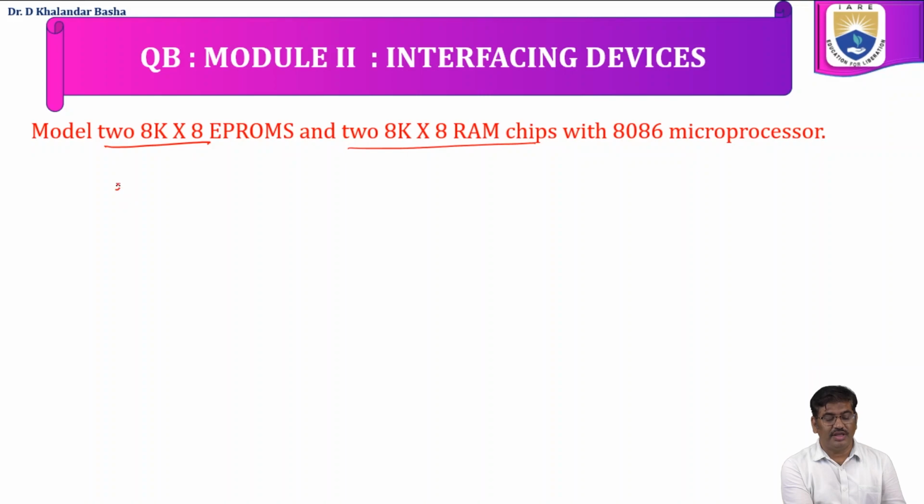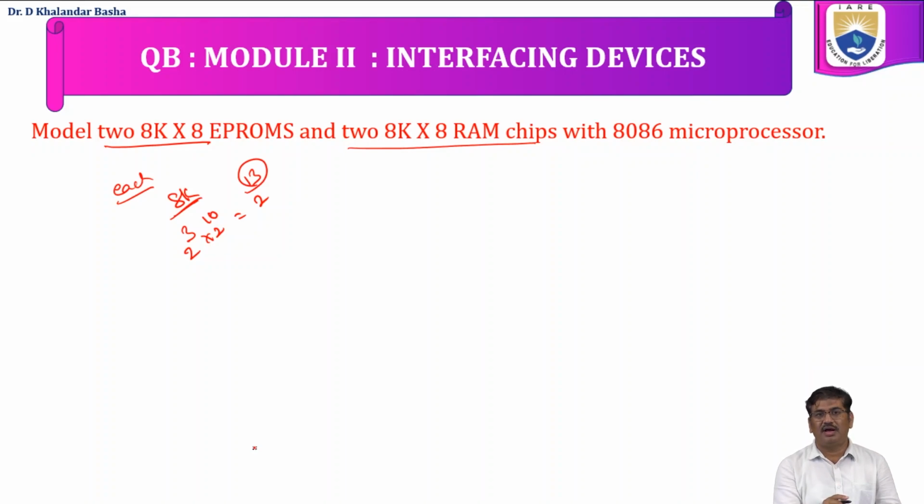As the RAM and ROM are of the same size, each memory chip is 8K, which we can write as 2 power 3 into 2 power 10, which reduces to 2 power 13. So 13 address lines are required for accessing one memory chip. But here we have two memory chips, so the total memory size is 8K plus 8K, which is equivalent to 16K.